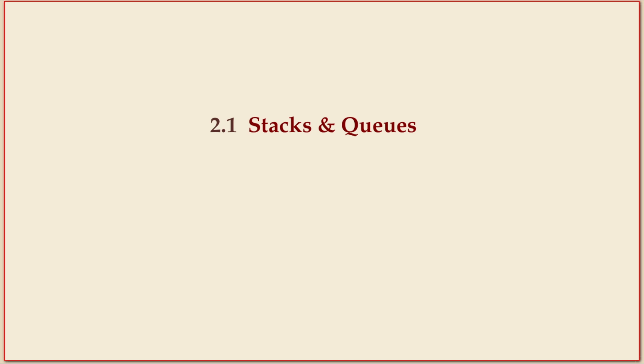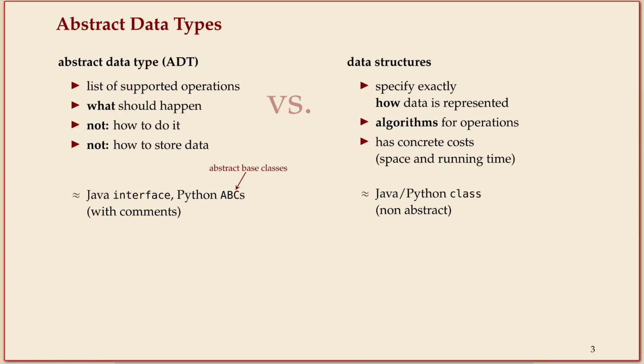With that said, let's look at our first examples of some data types, abstract data types, and implementations. And before we get to that, I should finally tell you what I mean when I say abstract data type. So here's a list of the properties of the two.